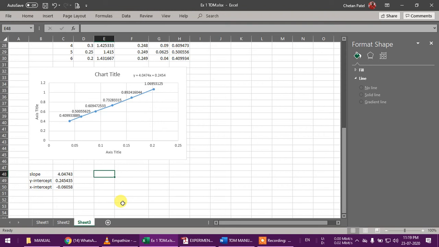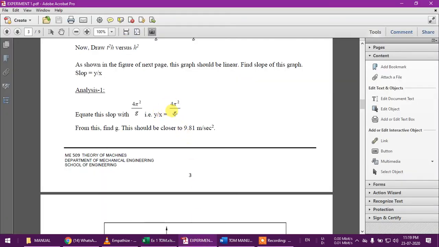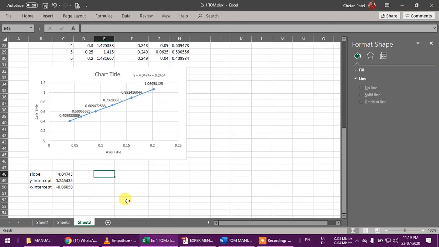So slope is equal to 4 pi square by g, but g we want, so this will be 4 pi square by slope we need to write. So here we'll write is equal to 4 multiplied by pi square.